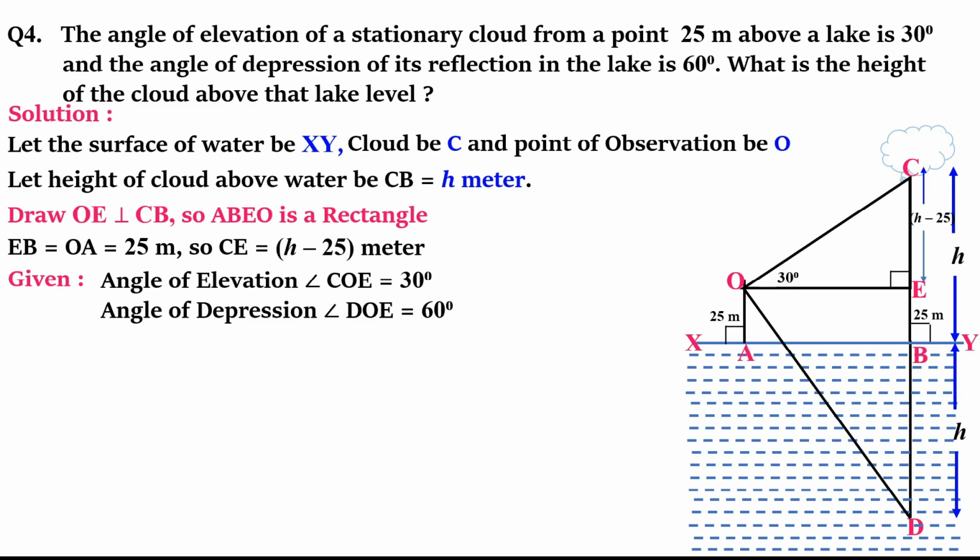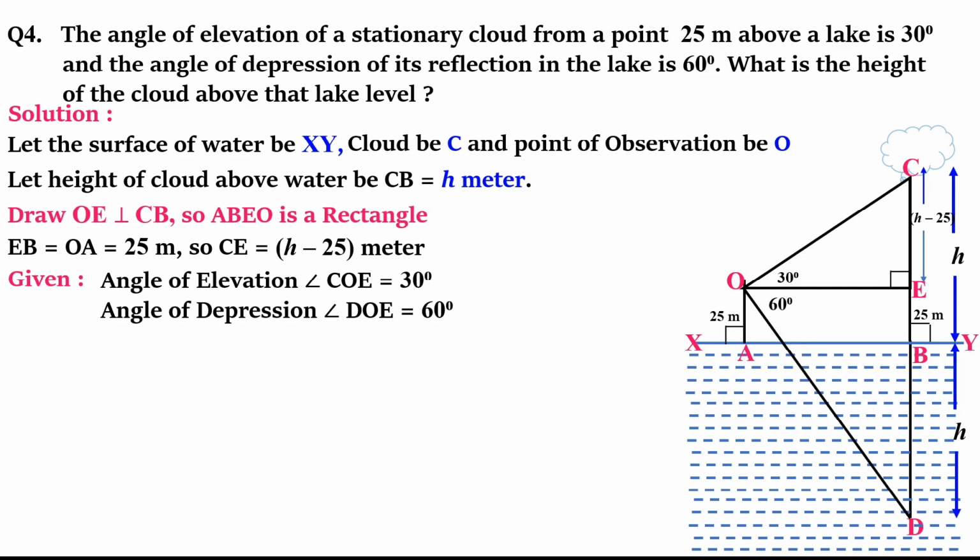Let's mark 30 degree. And the angle of depression from the observation point to the point of reflection. C is reflected as D inside the water. So OD becomes the line of sight and the angle of depression is 60 degree, and that is DOE.